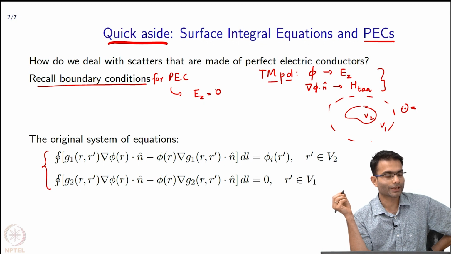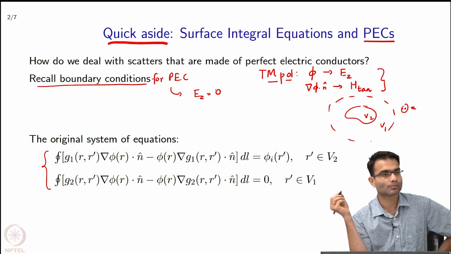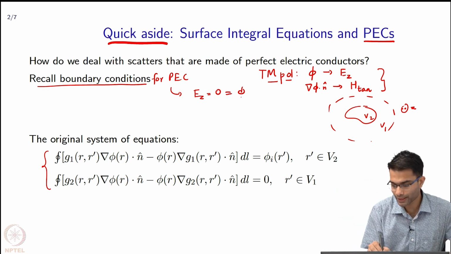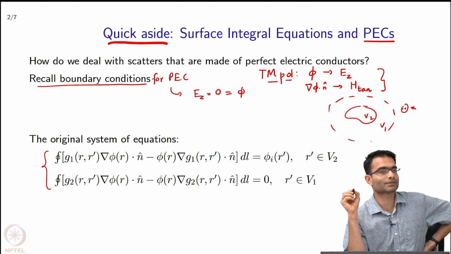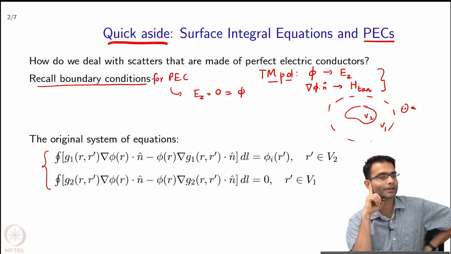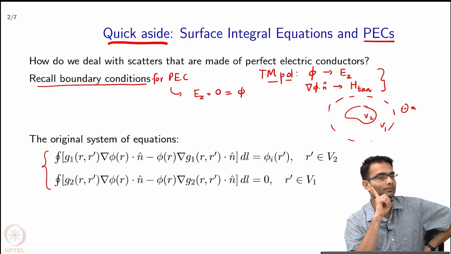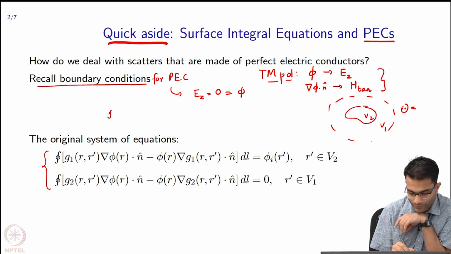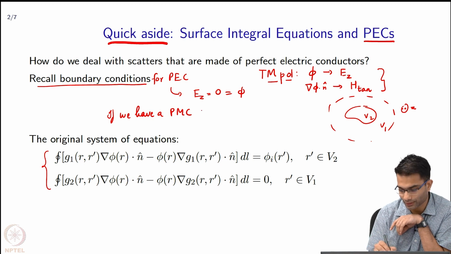Can you think of any other possibility? A possibility where phi is non-zero, but grad phi dot n hat is 0? What kind of a material would it be? PMC, that is right. If we have a perfect magnetic conductor, in that case H tangential will be 0, Ez will not be equal to 0.